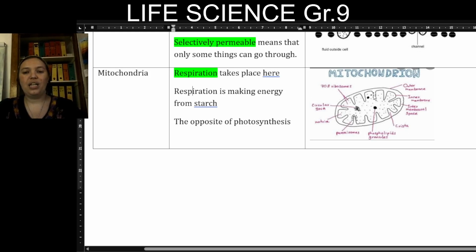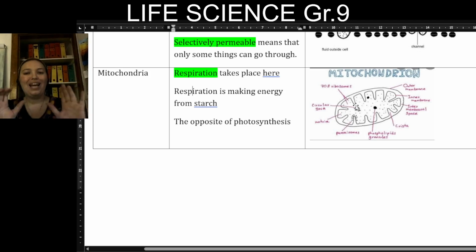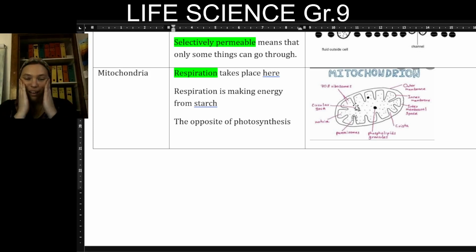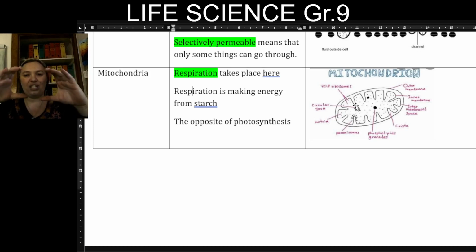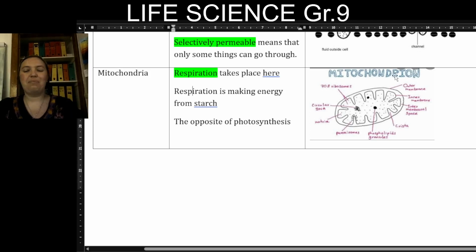The important thing, because often they ask you to label the diagram, is that if you see the diagram and wonder which one's the mitochondria, it's the one that's a round, oval type thing with points going towards the inside. Then you know that is a mitochondria.